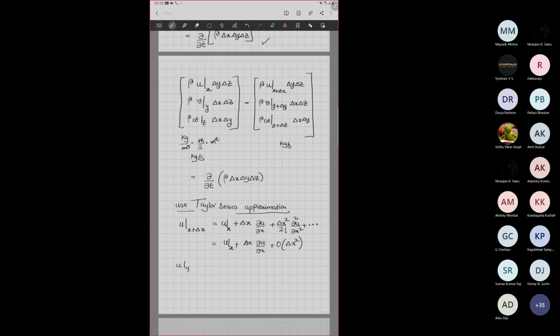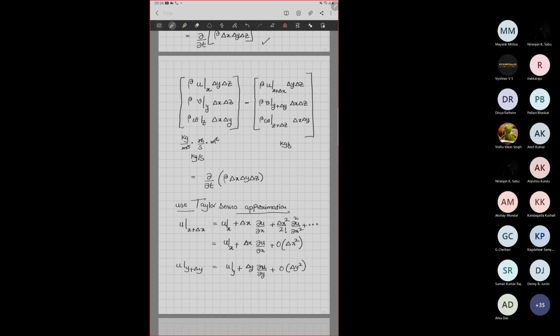Similarly, u calculated at y plus delta y can be written as u calculated at y location plus delta y multiplied by del u by del y, plus order delta y square. This is the way we write it.